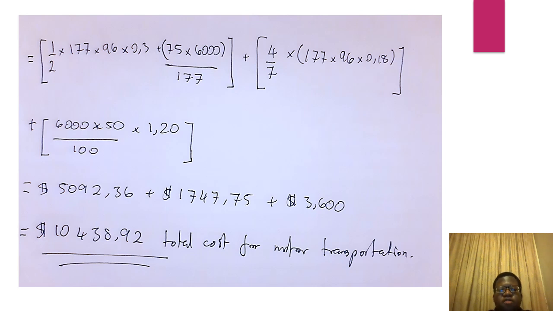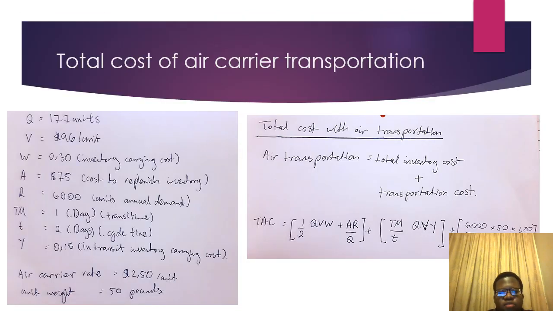And then the cost of transportation itself, this is now including the motor carrier rate of $1.20, gives us 3,600, which in total is $10,438.92.